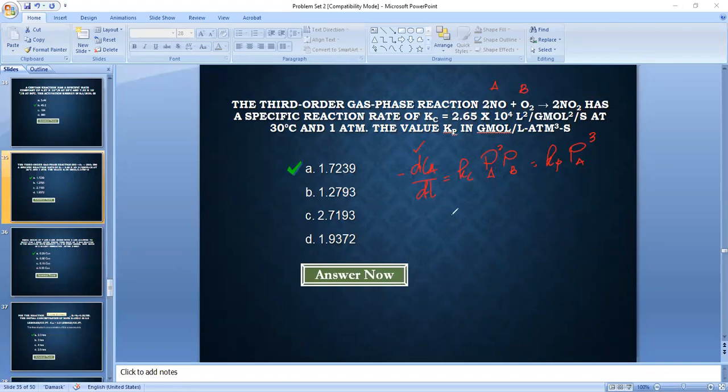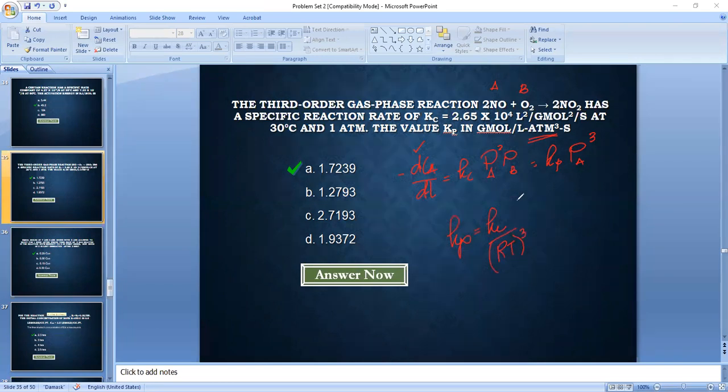The set of units for the rate of reaction is kept at mole per liter per second, while we have to work on partial pressures. So this is how you're going to do it. The K sub C value that you have, in order for it to have an atmosphere raised to 3 unit, is to be divided by RT raised to 3. So K sub P is equal to K sub C divided by RT raised to 3.